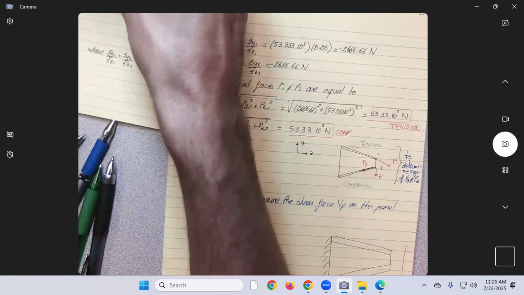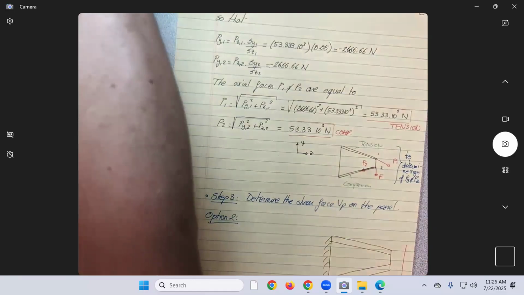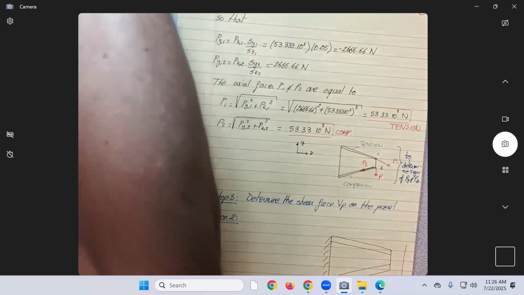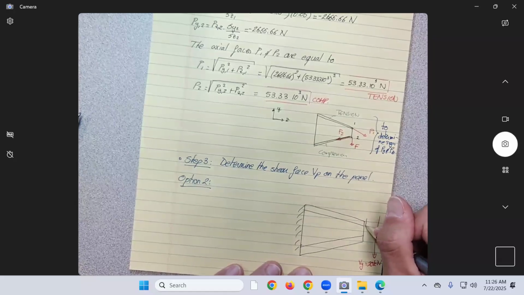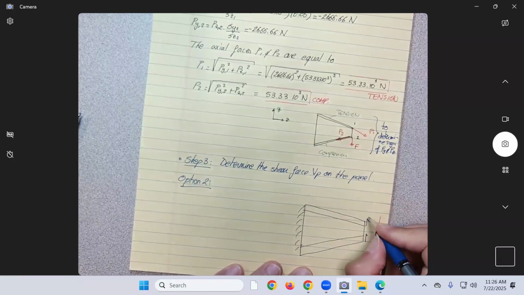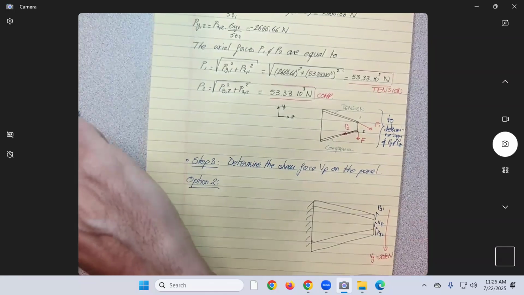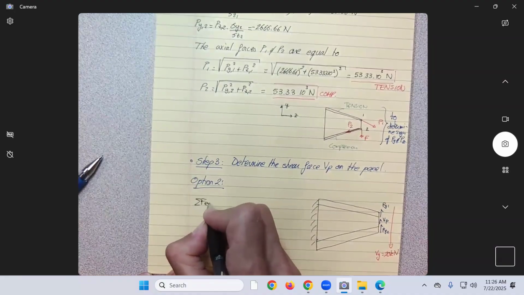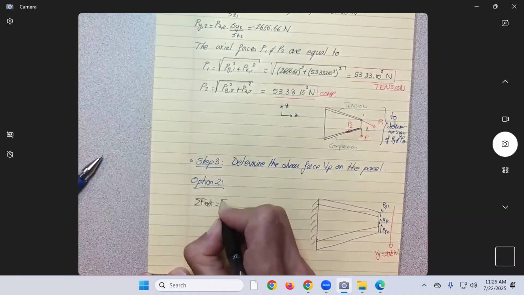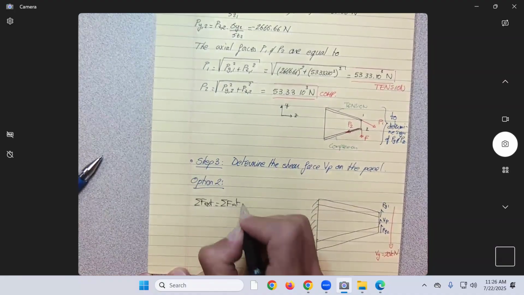And for option 2, what did we say we're going to do? We're just going to say that this is being resisted by what? Py1, Py2, and Vpanel. So we do summation of external forces equals summation of internal forces.